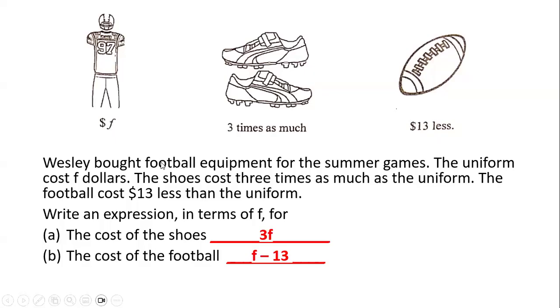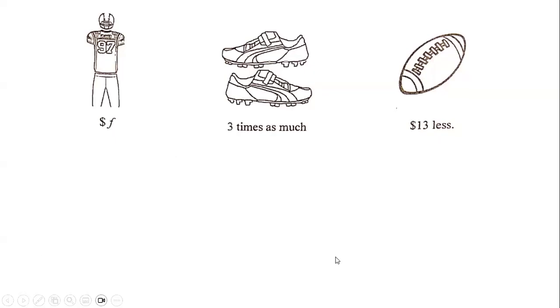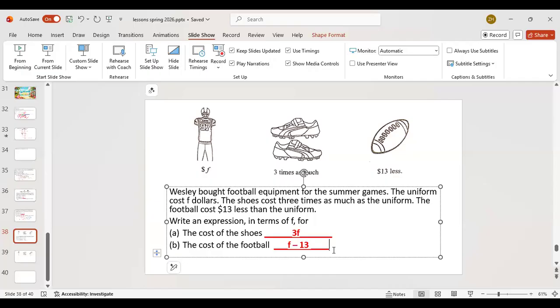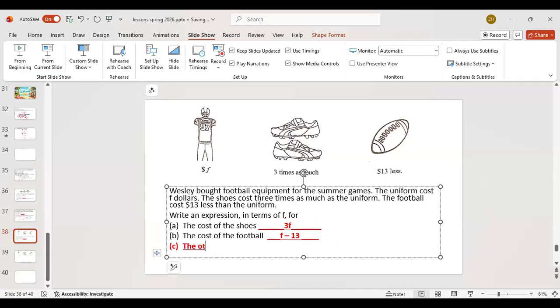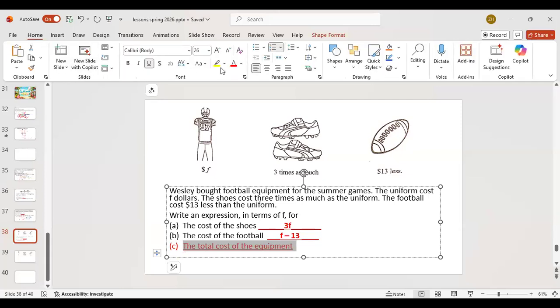Okay. And finally, they want us to calculate the total cost of the equipment. Is that negative 13 or regular 13? That is minus 13. You could say negative 13.